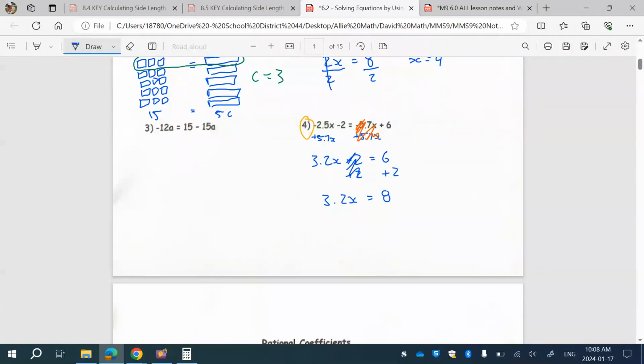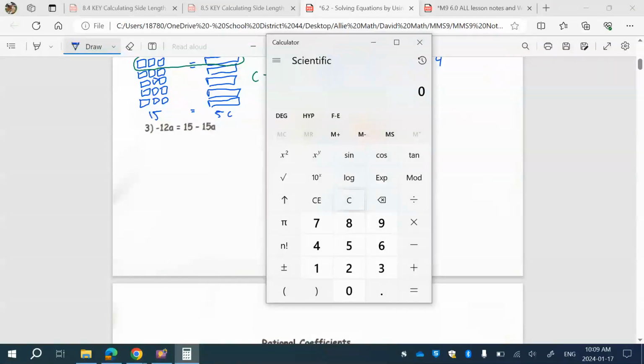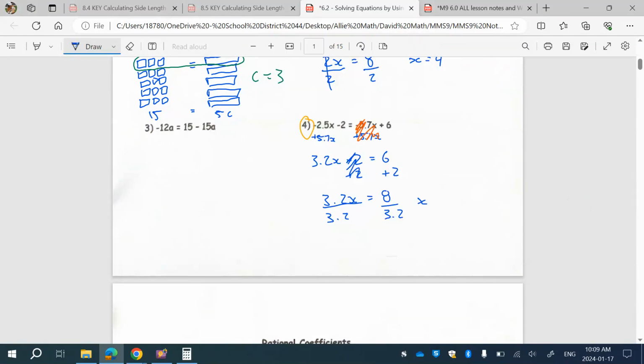Now to get the x by itself, let's divide by 3.2 on each side. And we get x equals, let me do this in the calculator, 8 divided by 3.2 equals 2.5. x equals 2.5. We can verify our answer if you'd like.